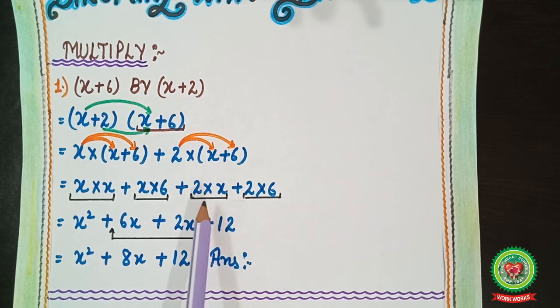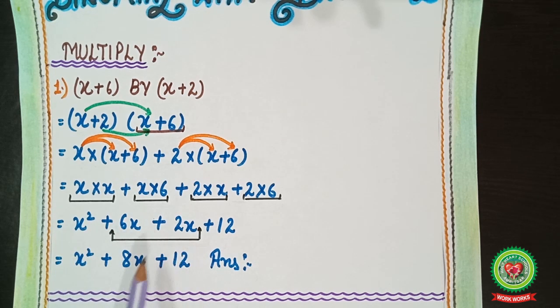So here by multiplying 2 into x you are getting 2x, and by multiplying 2 into 6 you are getting 12. So here you can see that these two middle terms are like terms with the same variable, that is x. So that means you can apply the addition operation as well, right? So here you will write x squared plus 6x plus 2x, that is 8x, right? Plus 12. Is it clear?